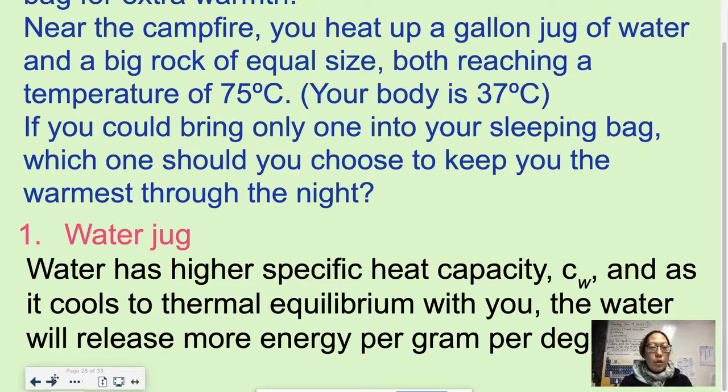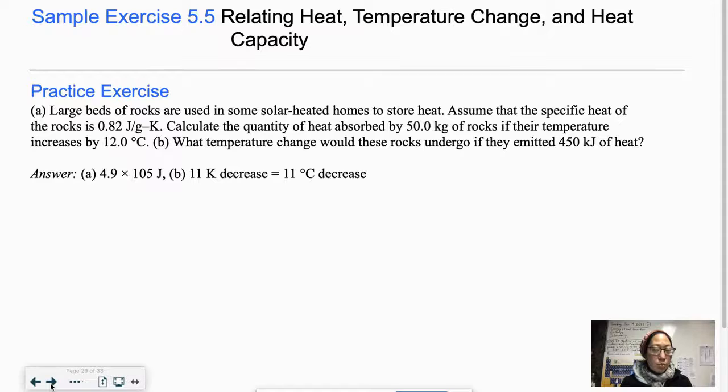Now, we discussed in class how it is not necessarily intuitive that water would have a higher specific heat than a rock. If you take a look at these large rocks, the specific heat of these rocks is 0.82 joules per gram Kelvin.